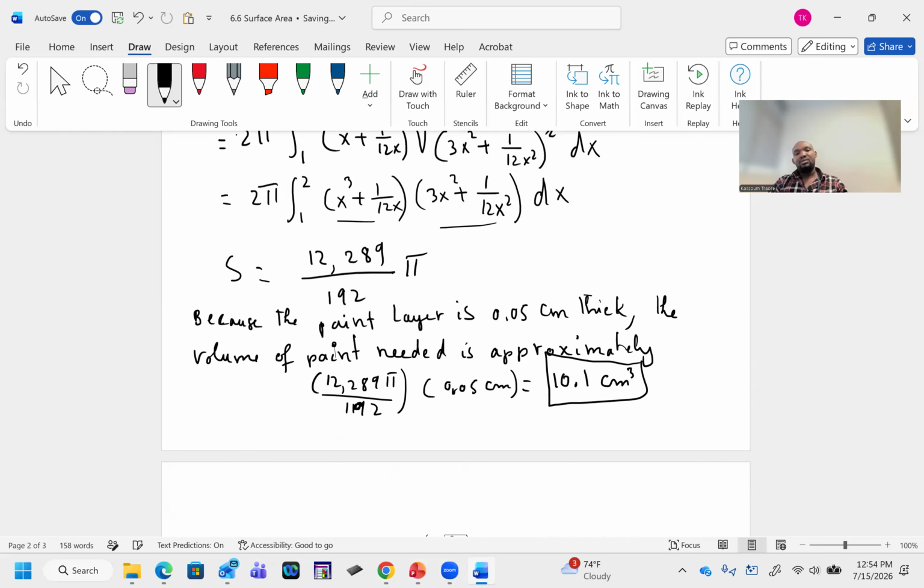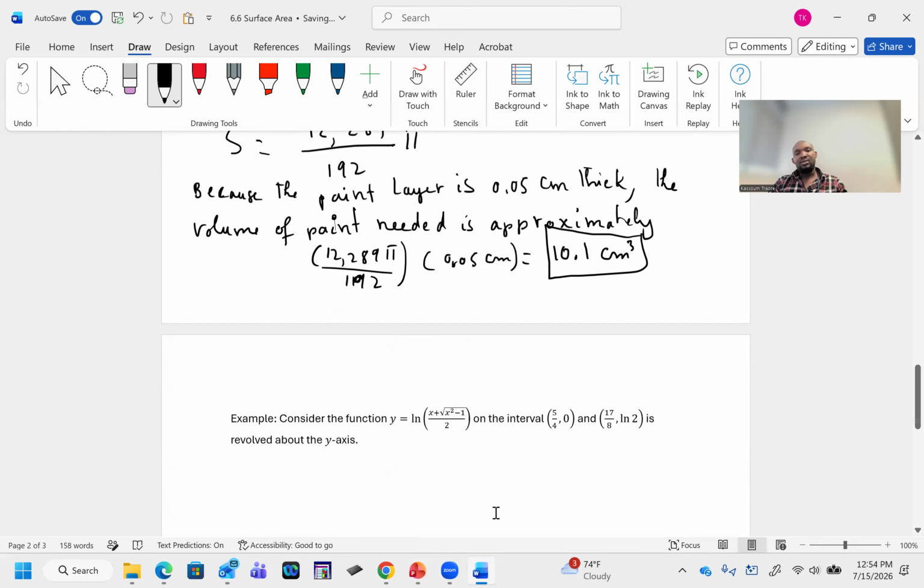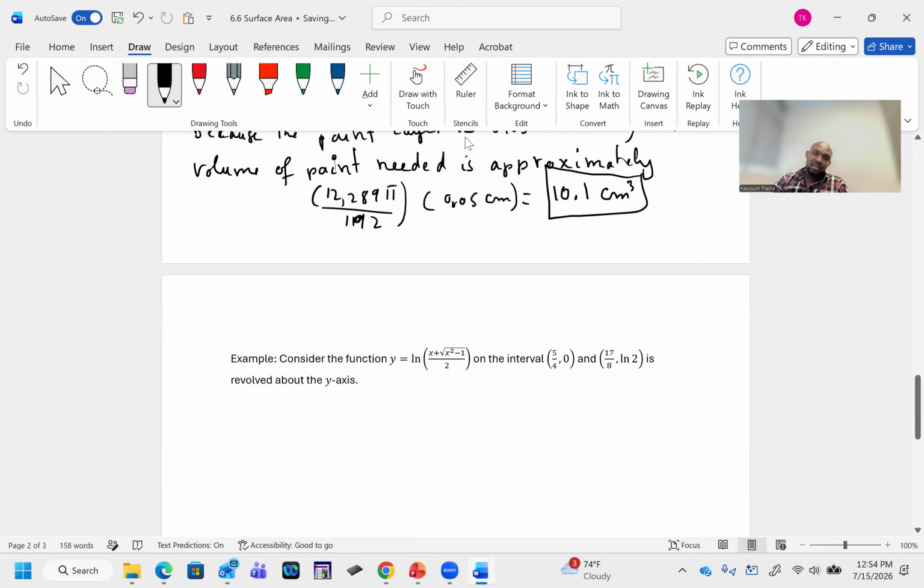That's it. So now let's move to the last example that we have. Example, consider the function y is equal to ln of x plus square root of x squared minus 1, divided by 2, on the interval 5/4, 0, and 17/8, ln of 2, is revolved about the y-axis.